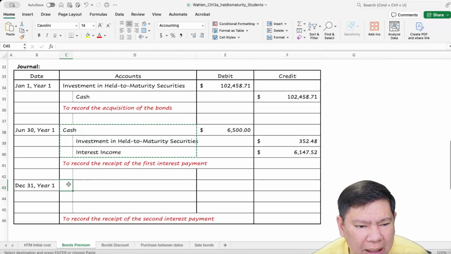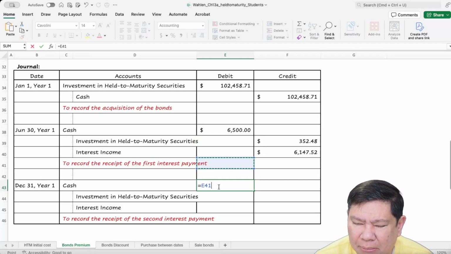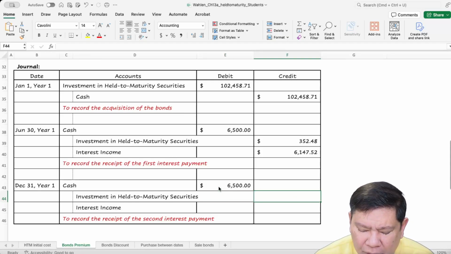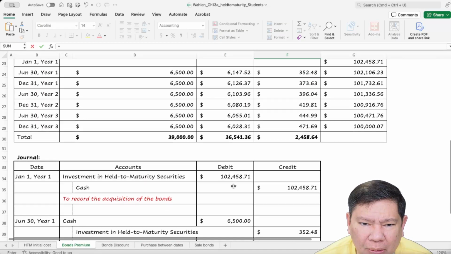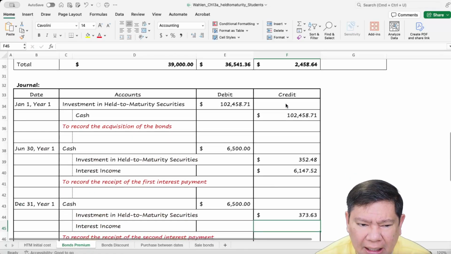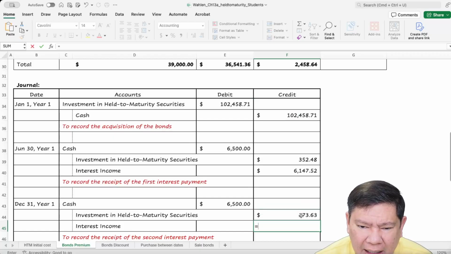December 31st is for the second interest payment, and the journal entry will be the same, so I can just copy paste that. The cash will still be the same, 6,500. The amortization will be from the second row, this one here, because this is the second 6 months, 373.63. And the interest income, well, you can deduct 373.63 from 6,500.